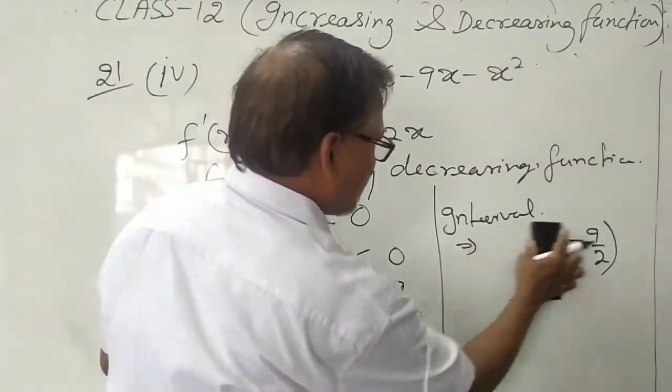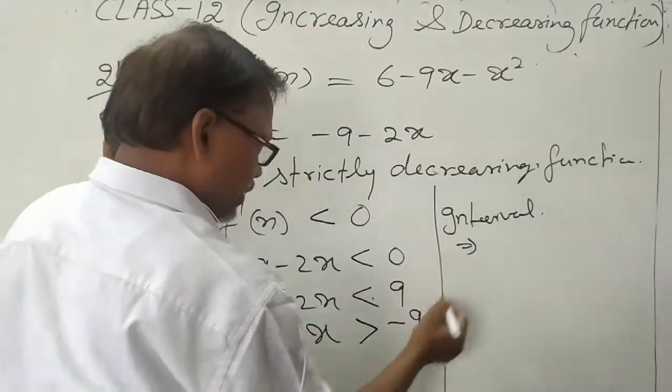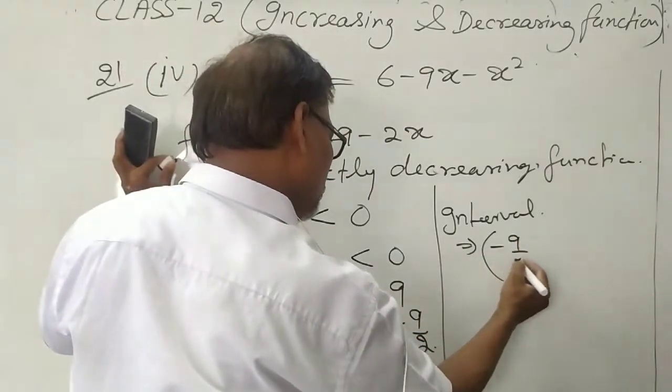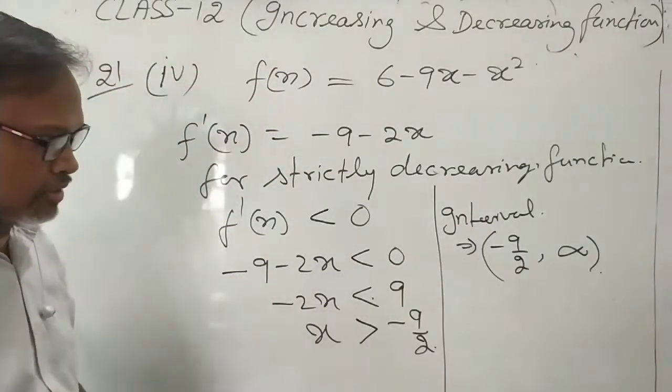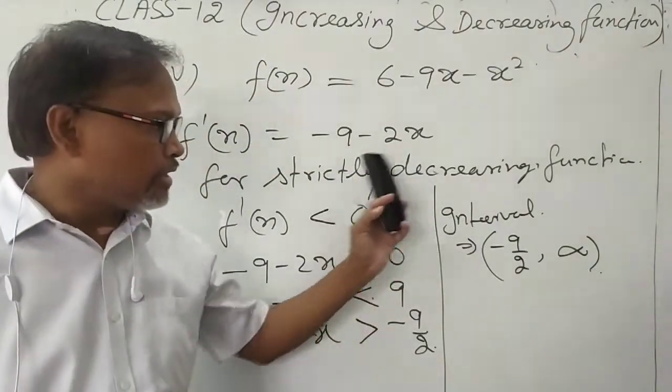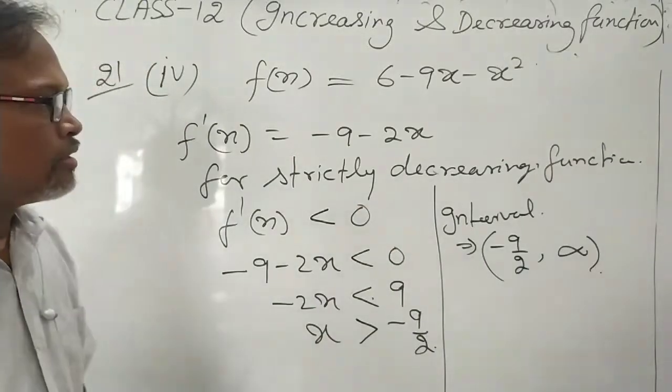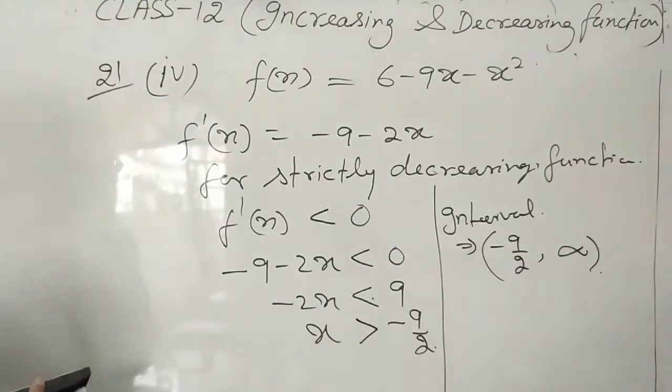And then the interval will be minus 9/2 to infinity. This is the interval for strictly decreasing. So this is the way to find the intervals.